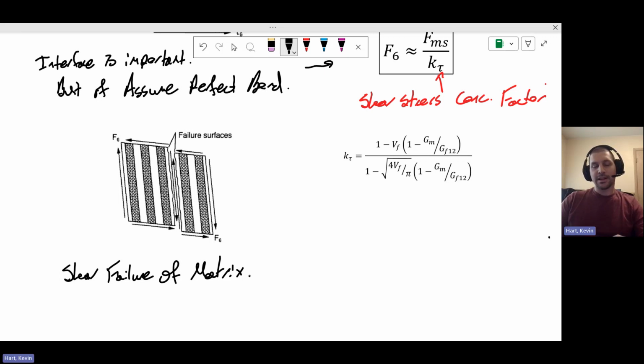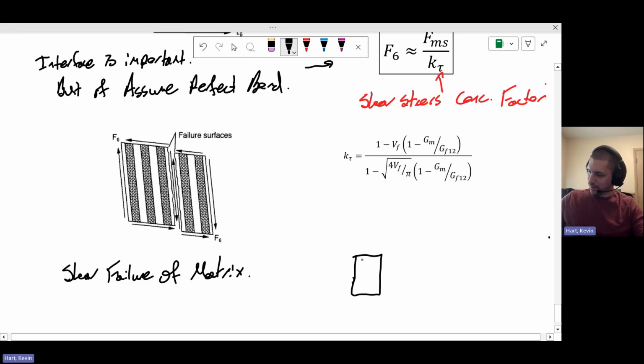These are all if you're only loading with that particular type of loading. Only if loading in the 1 direction in compression, only if loading in the 2 direction in tension, or whatever the case may be. In reality, composites are loaded with many different types of load. You could have a combination of many of these types, and they don't necessarily have to be in a principal direction. It could be a stress in some random orientation.